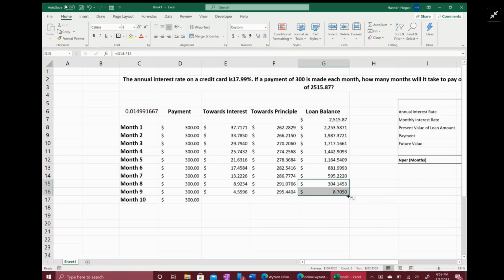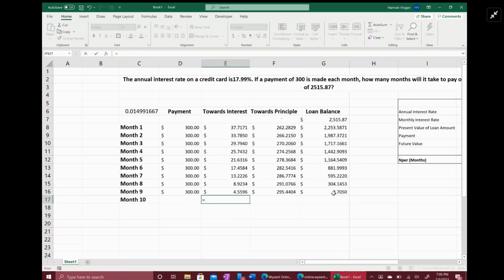Okay, so now we're here at month 9. There's only $8.07-ish left. So we're not going to make a $300 payment, right? You're not just going to be giving free money to your credit card company. So we need to figure out what this is. You're going to have to pay interest on that amount, on the $8.70.